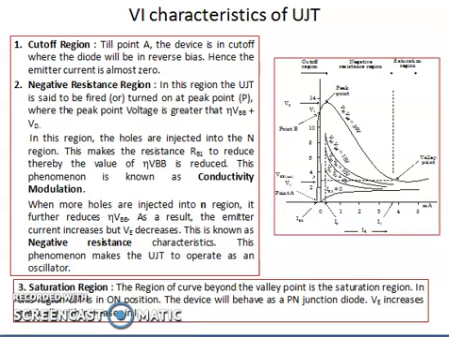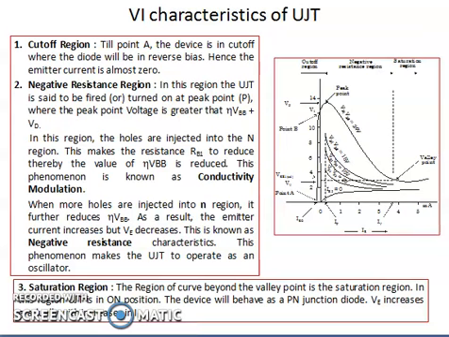The negative resistance region is the region in which the UJT is said to be fired or turned on at the peak voltage VP, where the peak voltage is greater than eta into VBB plus VD. In this region, holes are injected into the N-type region. This makes the resistance RB1 reduce, whereby the value of eta VBB is reduced. That is, conduction starts to flow and the resistance in this region automatically decreases.